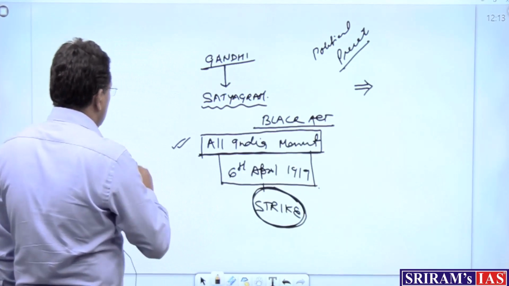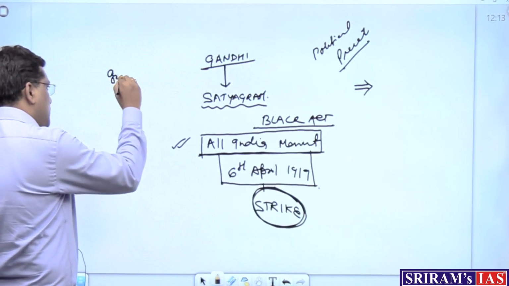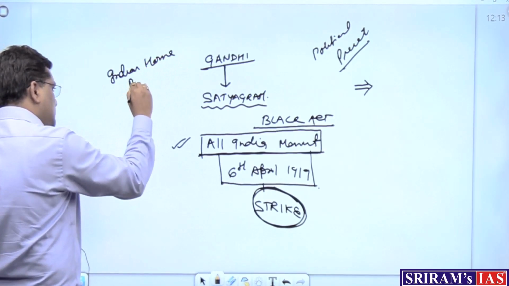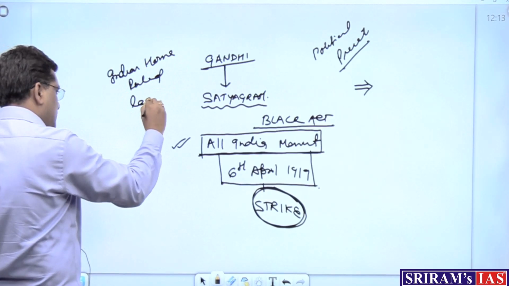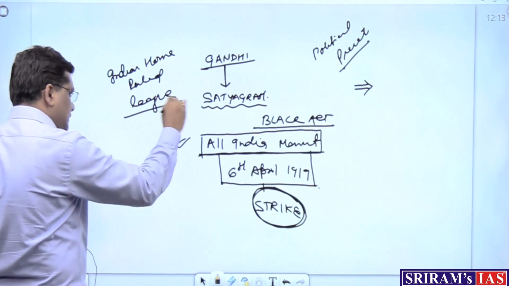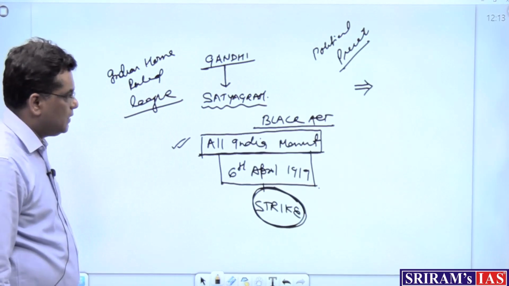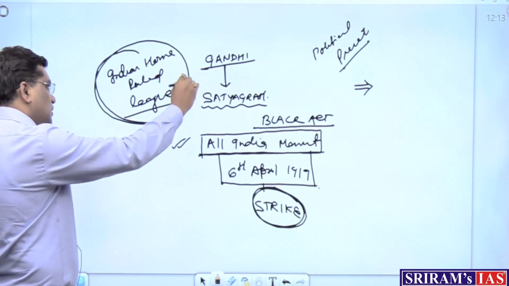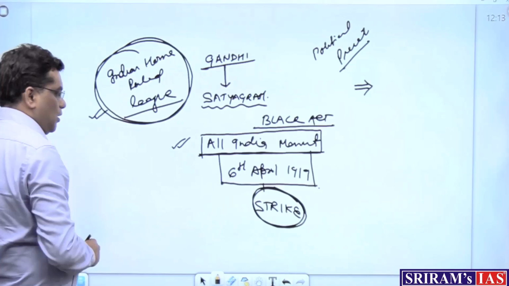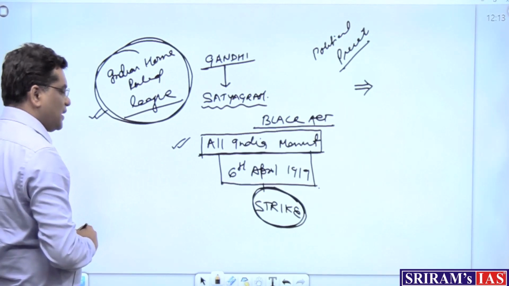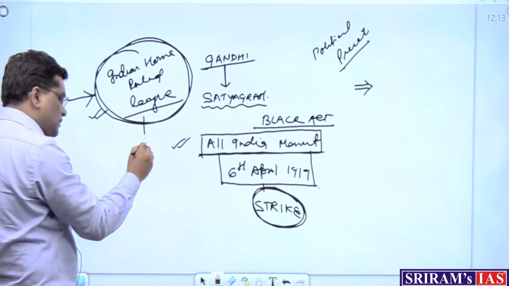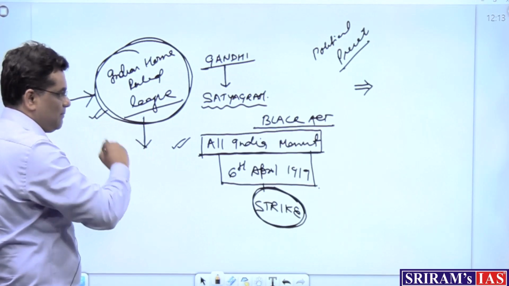In fact, the Indian Home Rule League was also utilized by Gandhi to mobilize the anti-Rowlatt Satyagraha. This question was also asked in the examination, if you look at the options of a few questions related to the Rowlatt Act. So Gandhi used the Home Rule League to mobilize the anti-Rowlatt Satyagraha.